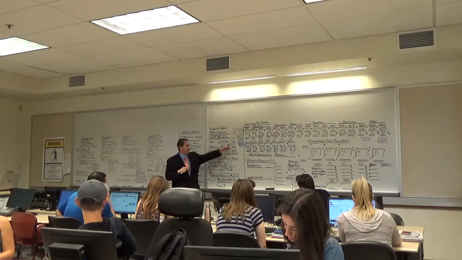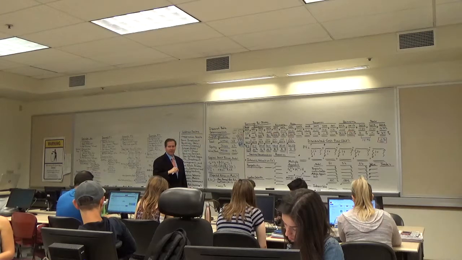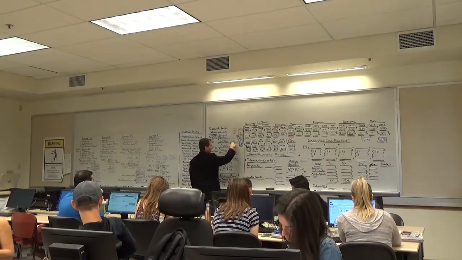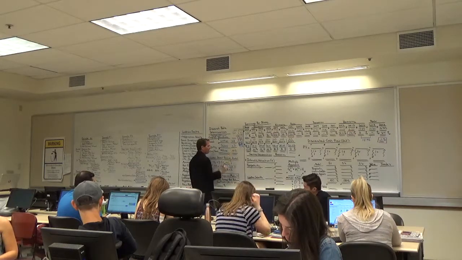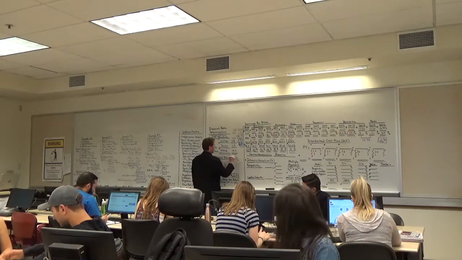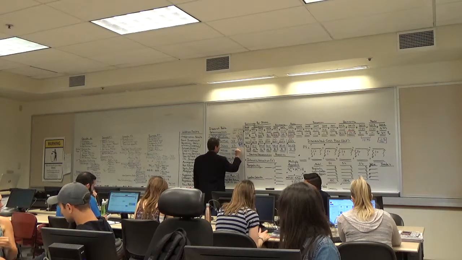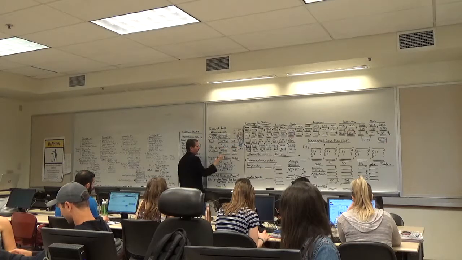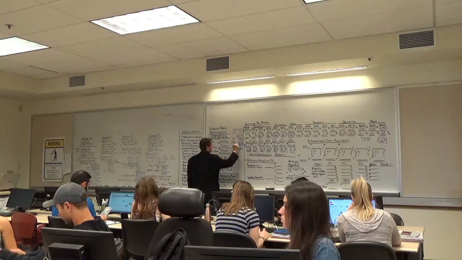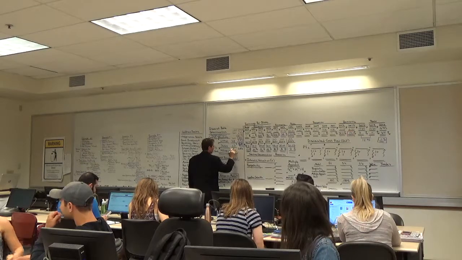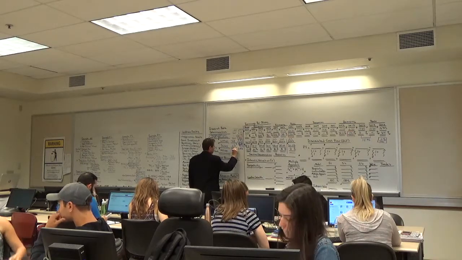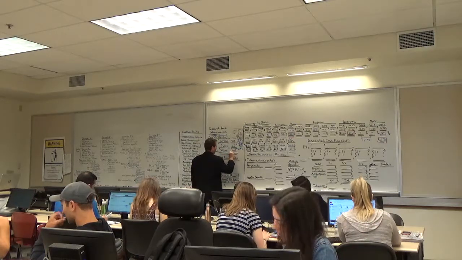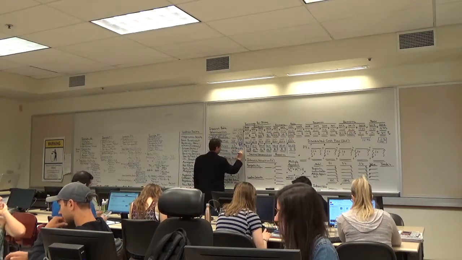So what's 0.77 times 5? Again, I'm trying to get the weight of the debt here. What is it? 3.85. And what's 11% times 0.23? It's 11 times 0.23. 2.53.